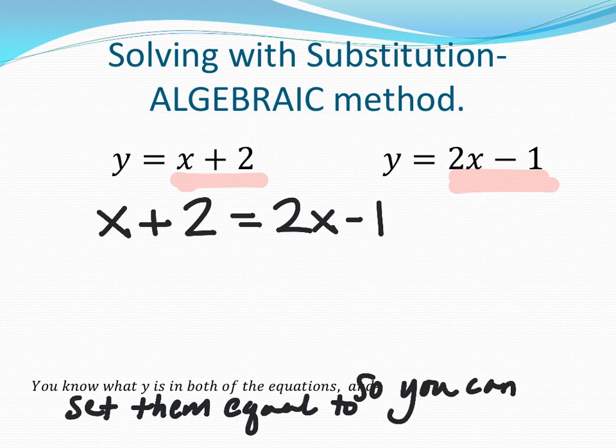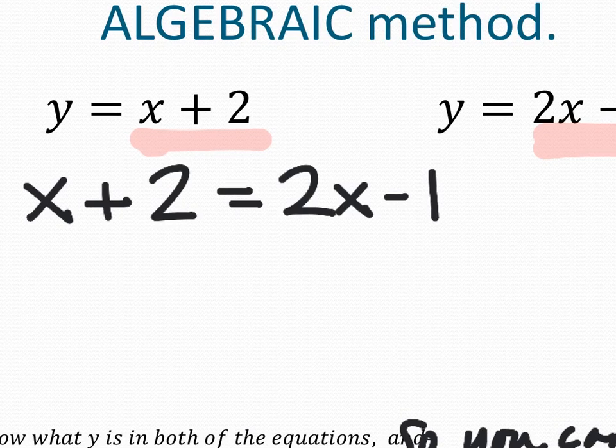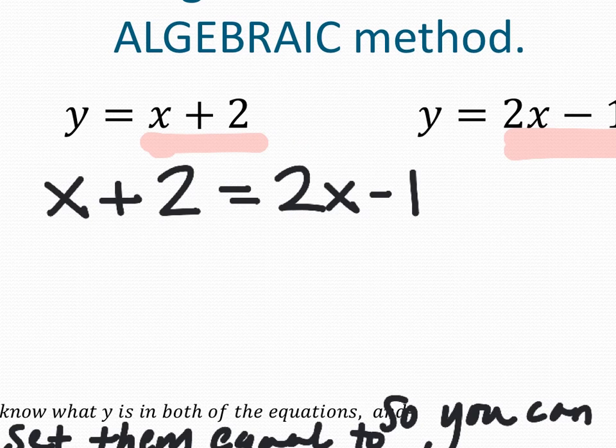When you have variables on both sides, you have to decide where to start, and you can start anywhere. I'm just going to get rid of this x first, and so I'm going to subtract x from both sides.